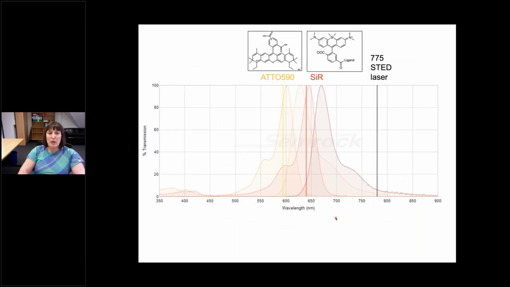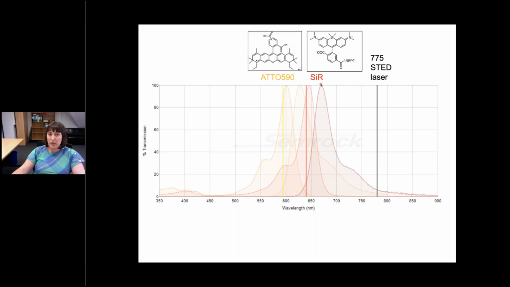To do STED microscopy, our favorite depletion laser, like many of us, I think, is the 775 STED depletion laser. To perform dual color microscopy, we use a dye in the range between 560 and 590 nanometers, together with a dye that gets excited around 640, 650 nanometers.